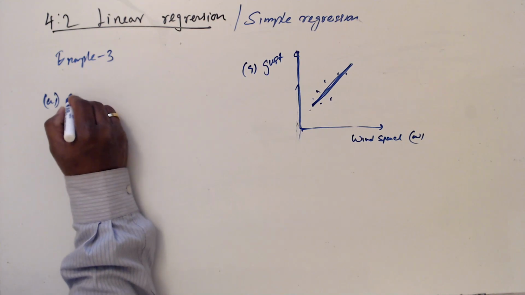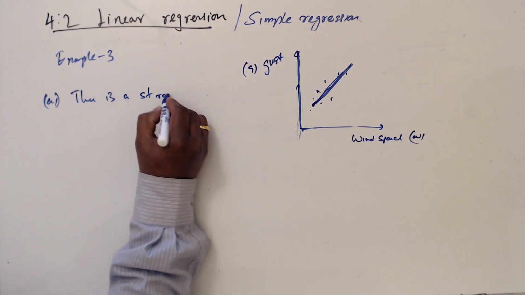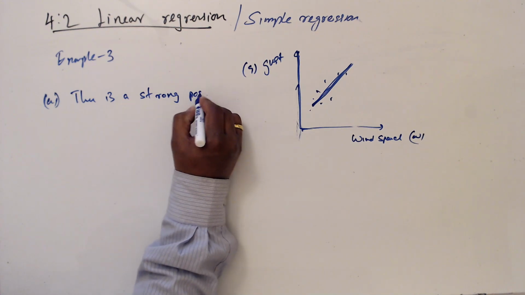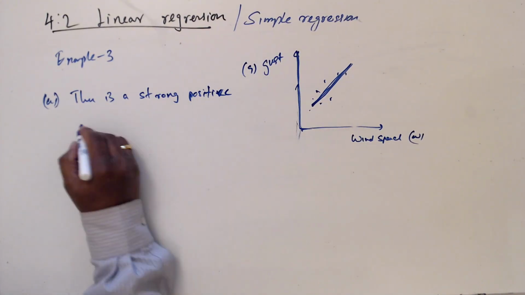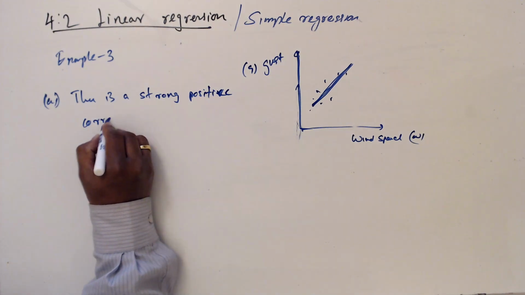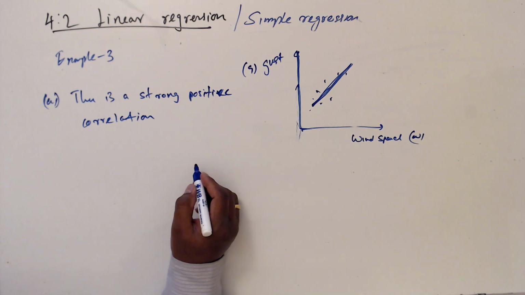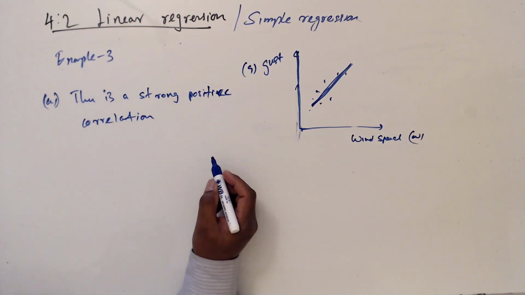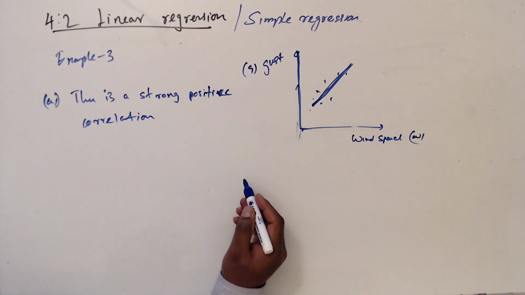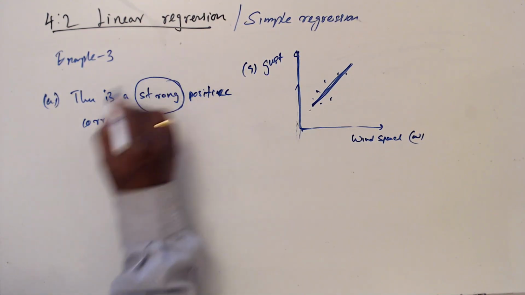There is a strong positive correlation between wind speed and the gust. Why am I using this word strong?